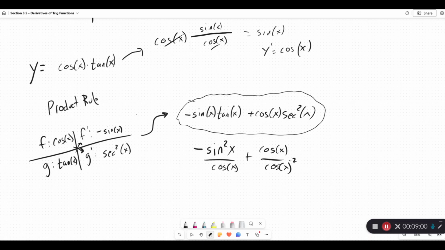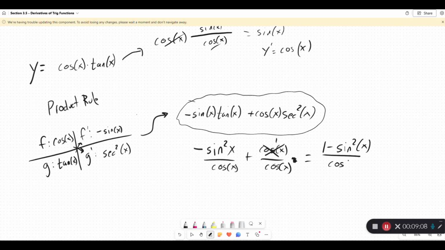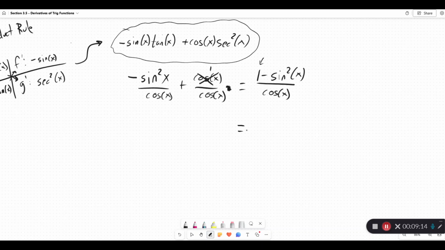which we can rewrite as, get rid of the squared, turn that equal to 1. This is 1 minus sine squared of x over cosine x. Well, what can we rewrite the 1 as? Well, the 1 is sine squared x plus cosine squared x.